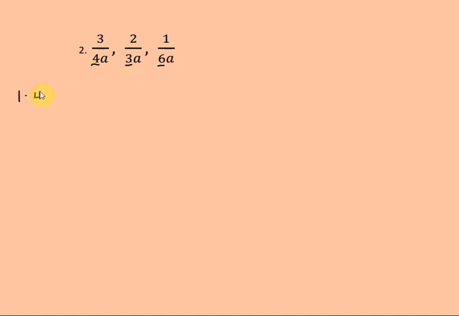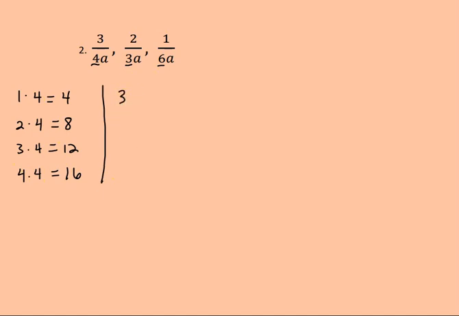So 1 times 4 is 4. 2 times 4 is 8. 3 times 4 is 12. 4 times 4 is 16. Okay, let's do the 3.